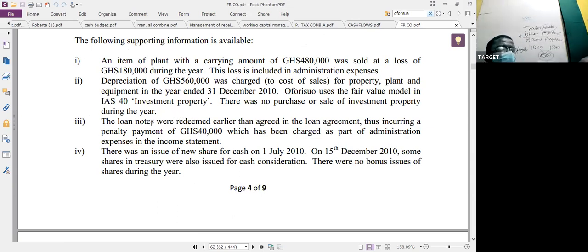And any expenses, any issue that comes with debt, where do we send it to? Financing. But they have added it to admin, which means they've added it to operating activity. So what do we do? Take it from operating, reverse it in operating activity, and send it to its rightful place: financing activity.